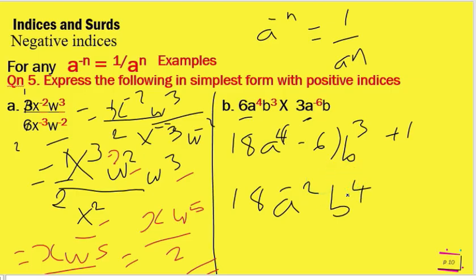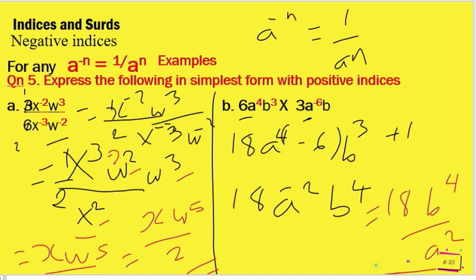So we need a positive index, so therefore this will be equal to 18 b power 4 over a power 2.